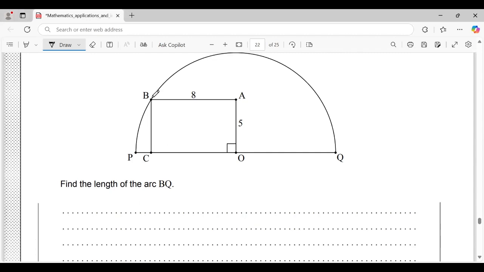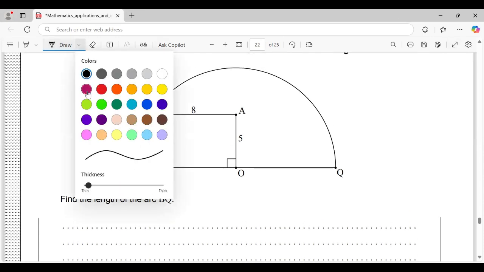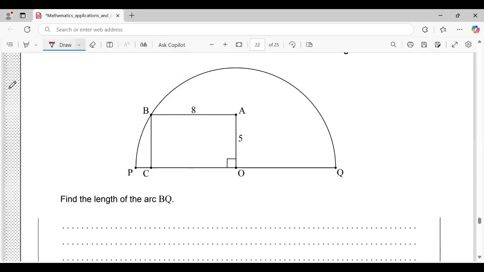Arc BQ means this one, the major arc, so we are going to find this.